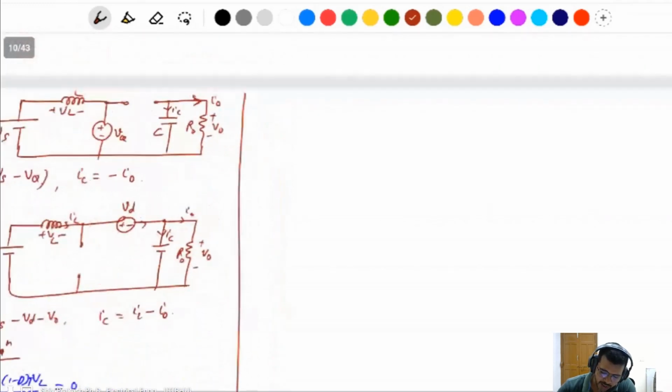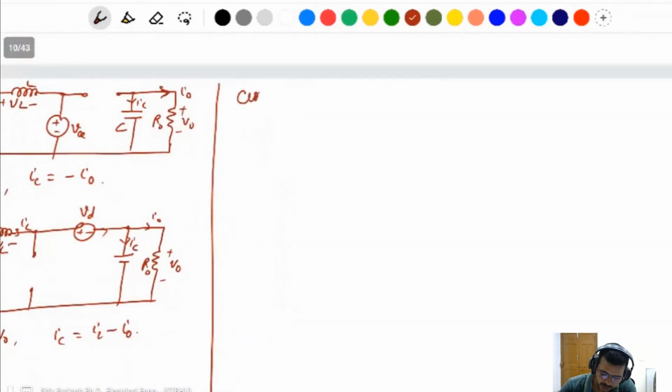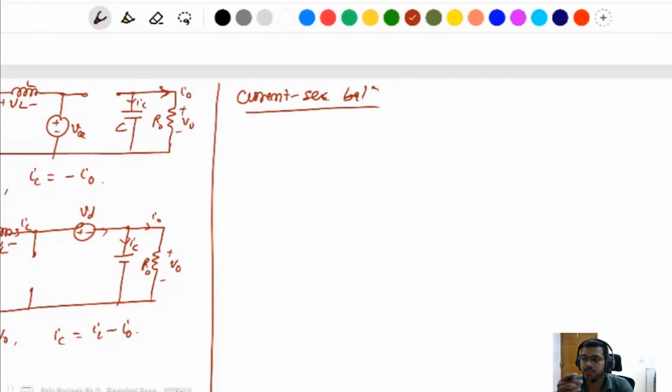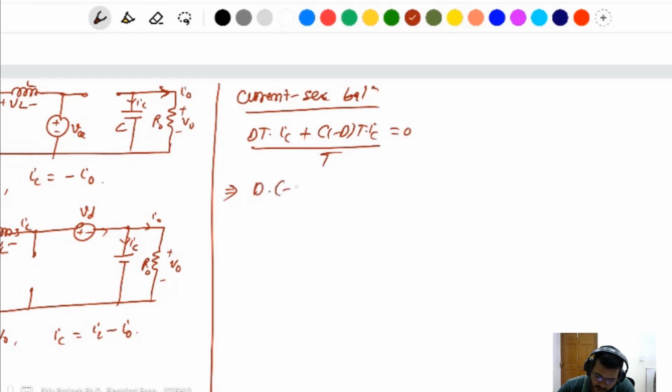This one is the volt-second balance, then find the current-second balance. Current-second balance equation: d t into Ic plus (1 minus d) t into Ic is equal to 0. D into minus I naught plus (1 minus d) into IL minus I naught is equal to 0.